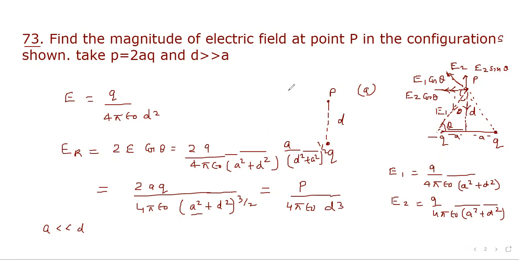Now consider case number 3. Case 3 says that there is a dipole, minus q and plus q, and at the midpoint there is another charge plus q, and the electric field is to be found at distance d, the point is to be here.